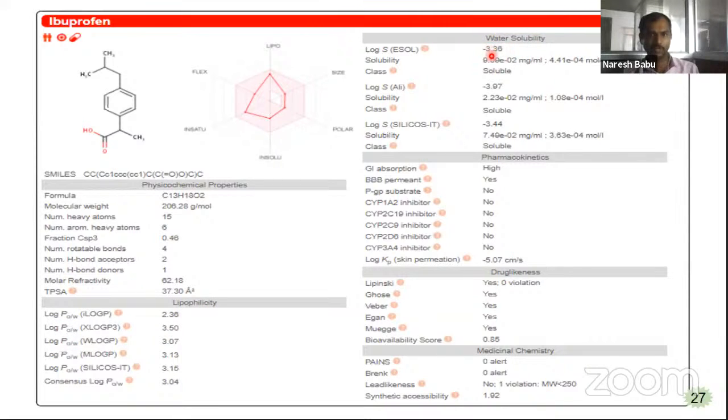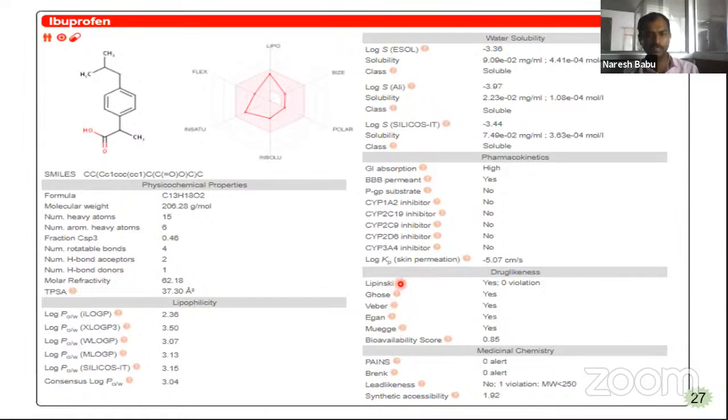It also gives pharmacokinetics, that is absorption, blood-brain permeability, P-glycoprotein substrate, and whether it is an inhibitor of different cytochrome P450 enzymes, and skin permeability. Drug-likeness rules like Lipinski, Ghose, Veber, Egan, Muegge, and the bioavailability score are also given for the compound. All these we discussed in the previous slides.